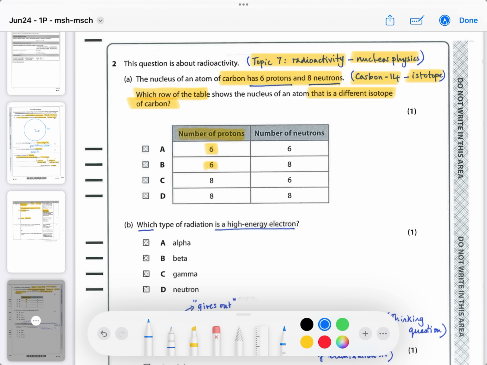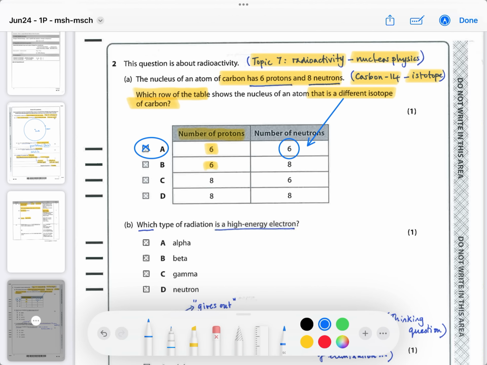So you've got to figure out that it has to be B. So B is the answer, and you've got to put your x in the space provided. I can't do it with my Apple Pencil very easily, but you've got to draw it carefully in the space provided.